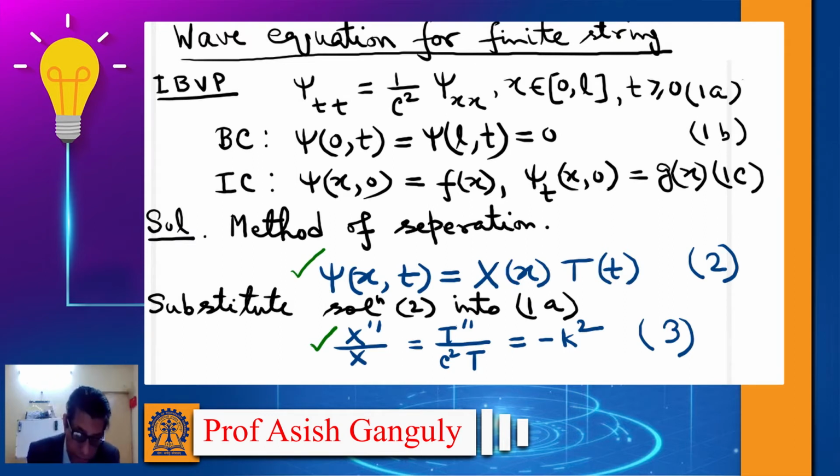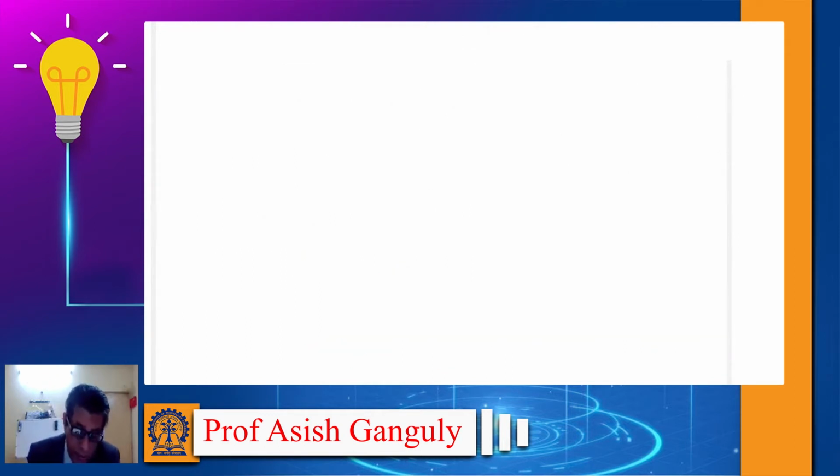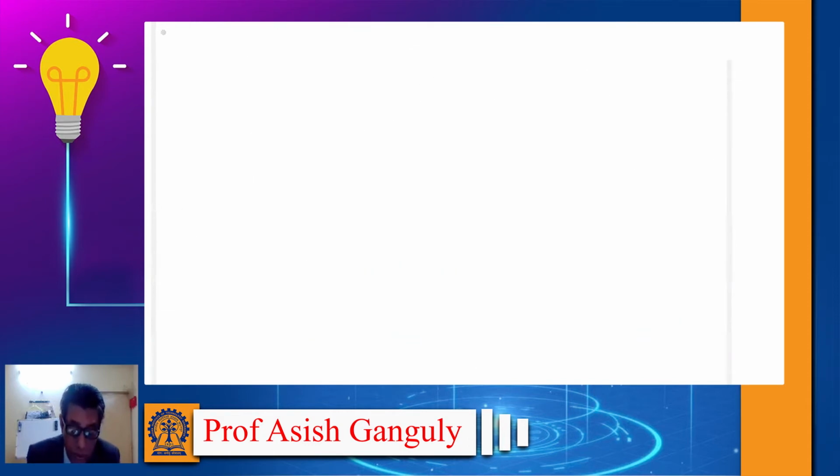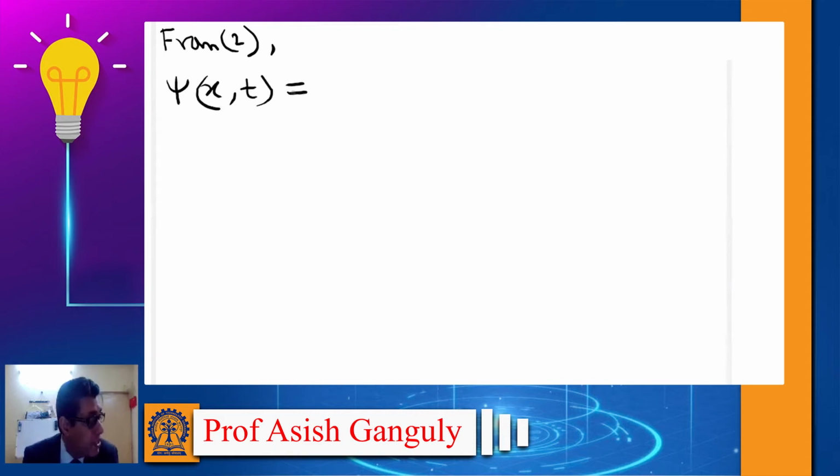So it was equation 2. What I am writing here, from 2, psi x t can be written as a summation.